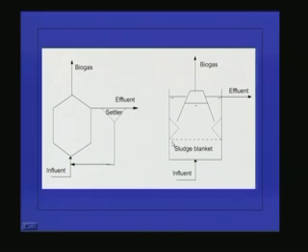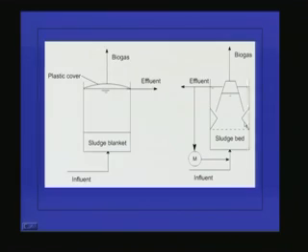This is a modified form of the immerse tanks we saw initially, and the treated effluent is collected from here and biogas from here. So here we are not providing any external unit for biomass settling; the system itself provides the settlement of the biomass, and will not allow any biomass to escape along with the effluent.